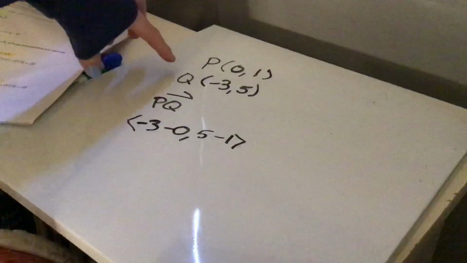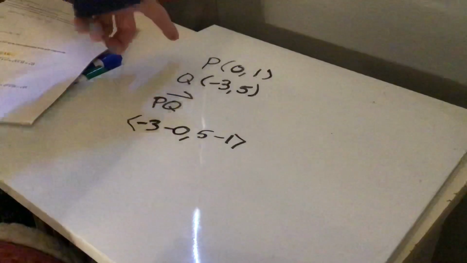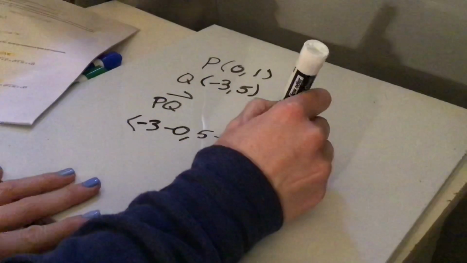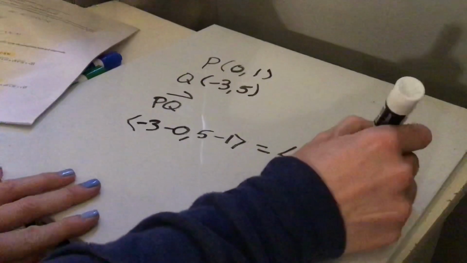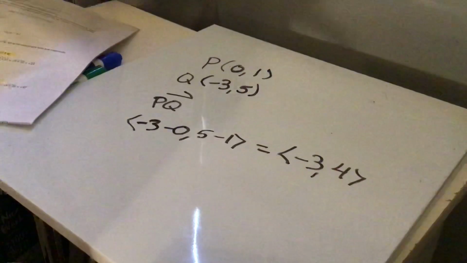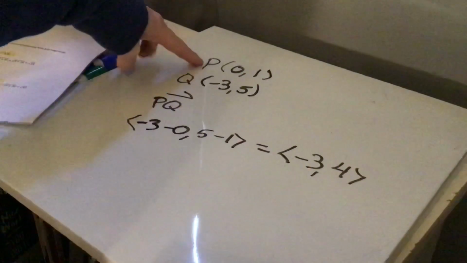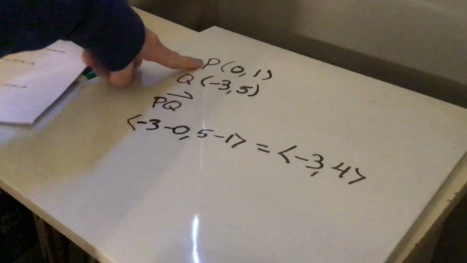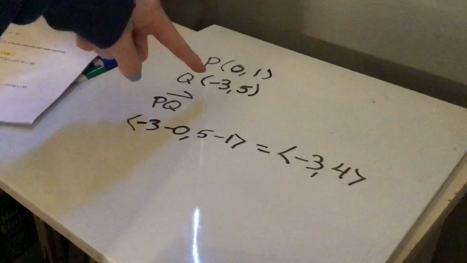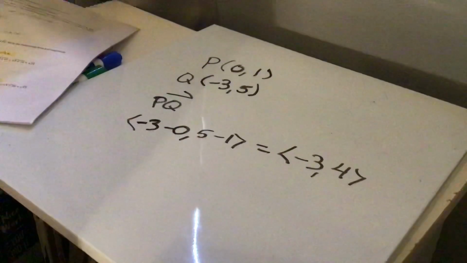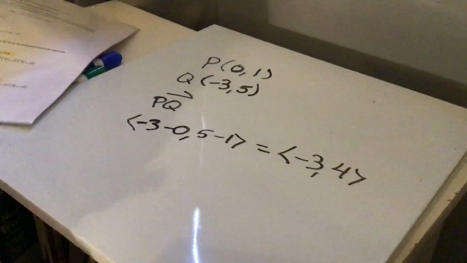Because Q is our terminal, that's where we're ending, and P is where we're starting. So in component form, we would say this was vector <-3, 4>. Okay, again, pointed brackets. It tells us that we go from point P, you start at 0, and you go -3 in the x direction, so to the left, and then you go up 4 in the y to get to your terminal point Q.